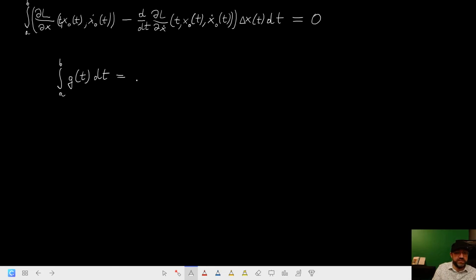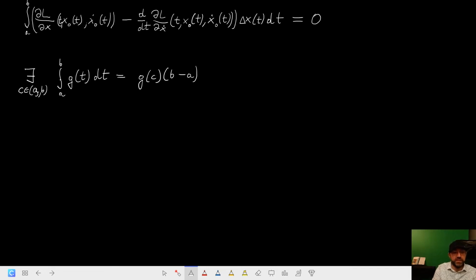So the point is, there exists some c from a, b such that this integral is equal to g from c times b minus a.